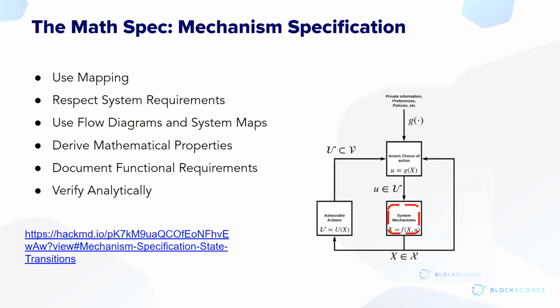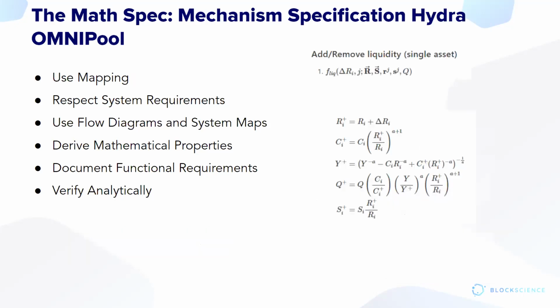Okay, so let's do this. I'll do a very fast pass through the actual mechanisms themselves. Obviously you're going to have the slides, but I can show you where they are, both the math part and what it looks like in the code itself.